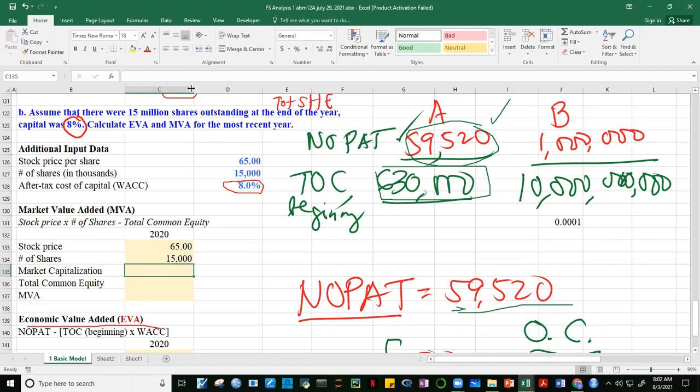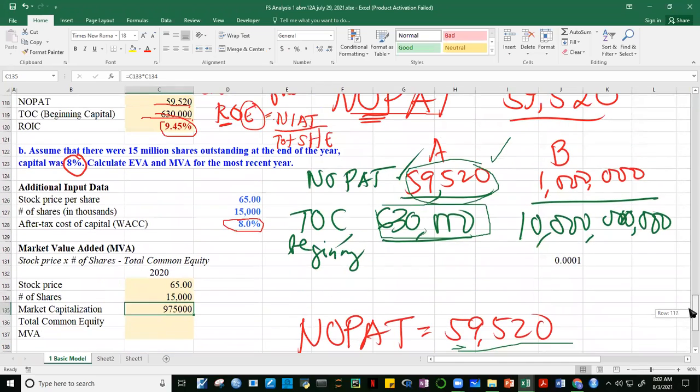No? Kasi everything here is in thousands. So, if the stock price is 65 and there are 15,000 shares that's issued and outstanding, therefore, the market capitalization is this one. Okay? Ito yung market capitalization natin.